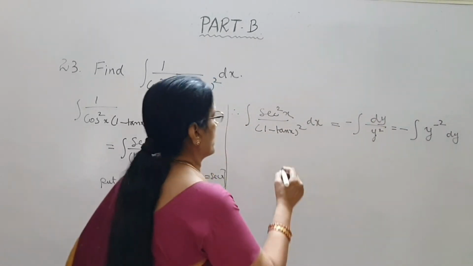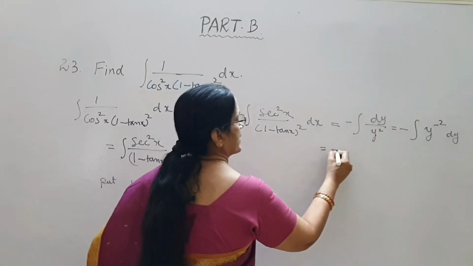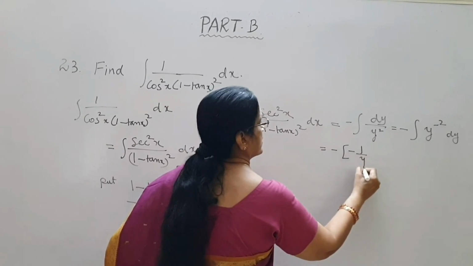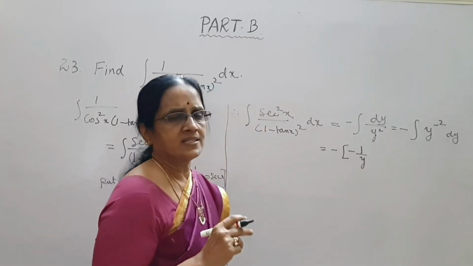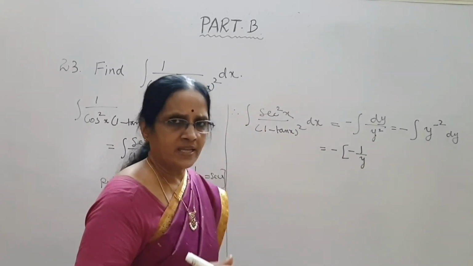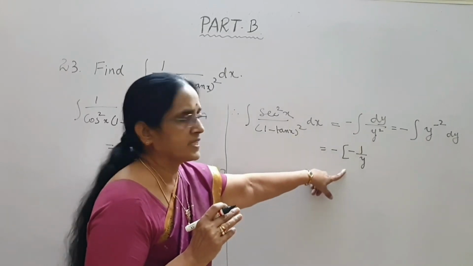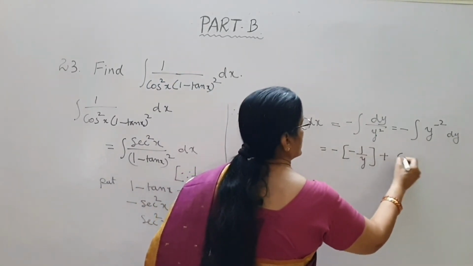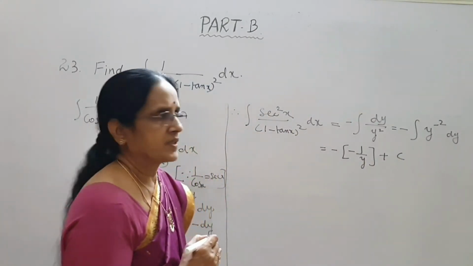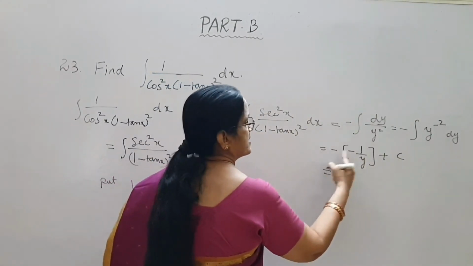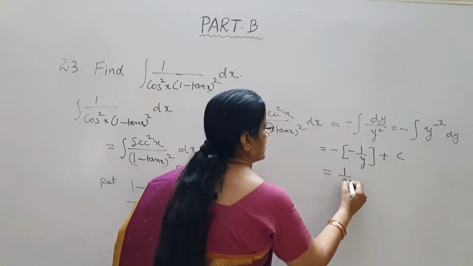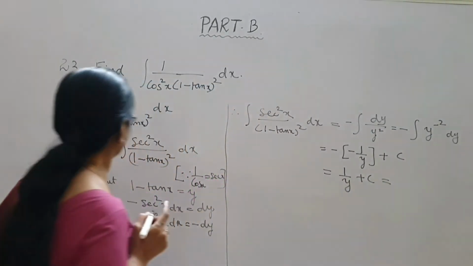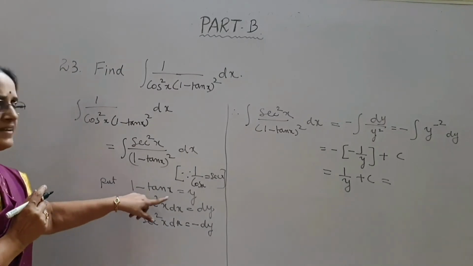Now when I integrate, what do I get? This is equal to minus, when I integrate, this is minus 1 by y. You know, integral of x power n is x power n plus 1 by n plus 1. That is the formula I am making use of. Since it is indefinite integral, you need to write plus c. So, minus into minus plus, so I am getting 1 by y plus c, but y is nothing but 1 minus tan x.